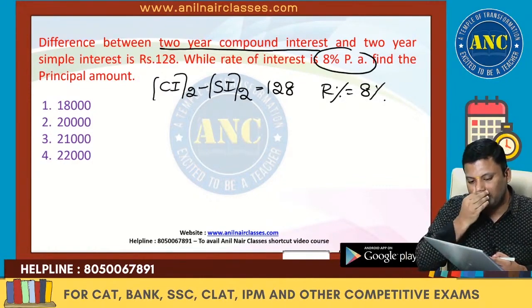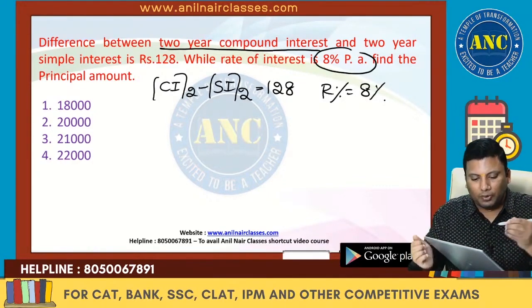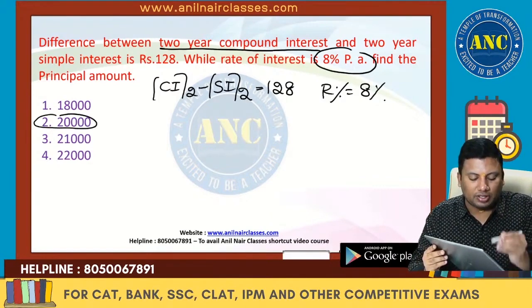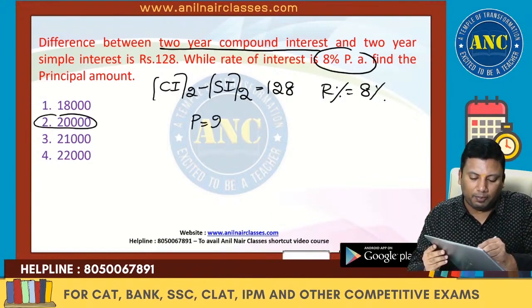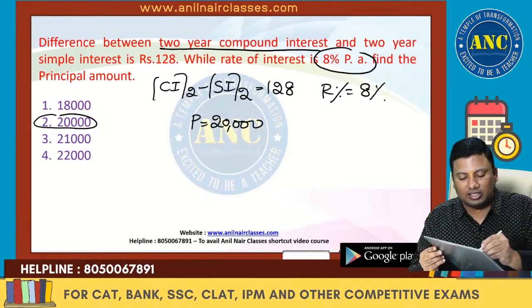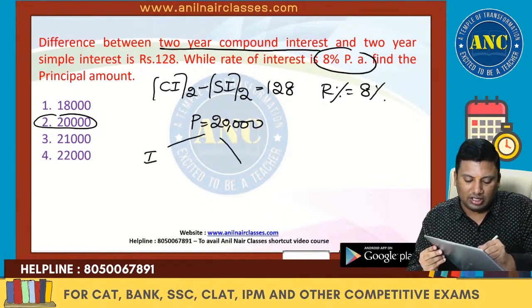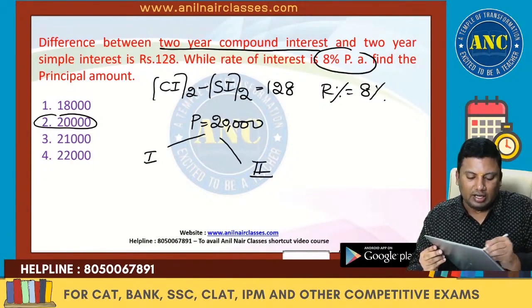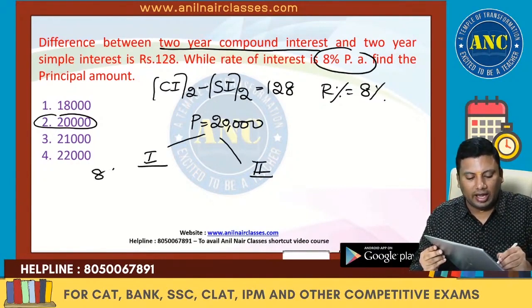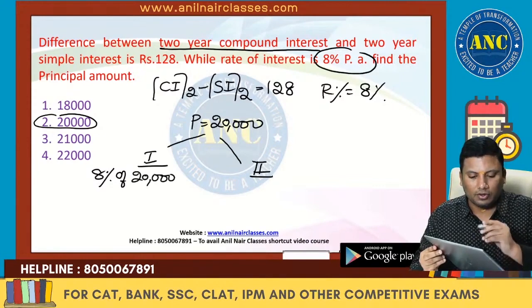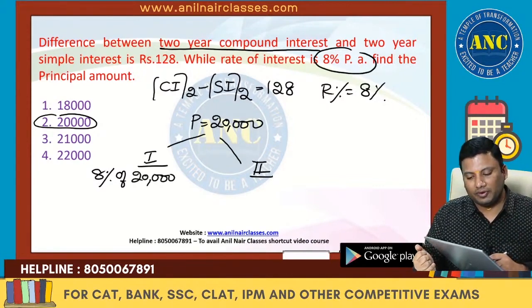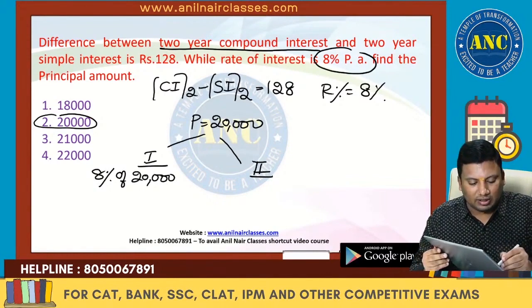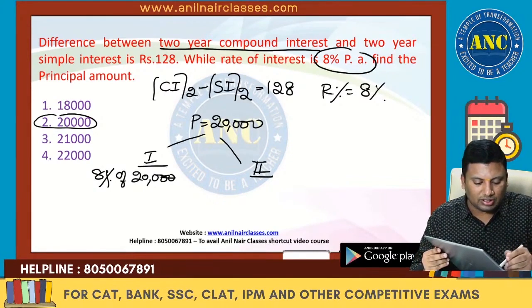Now see here. Suppose I take answer option 20,000. If I pick 20,000 as the answer, I will tell you on what basis I am picking. This is the first year and it is the second year. So first year it is 8 percentage of 20,000. By 100, two zeros cancel.